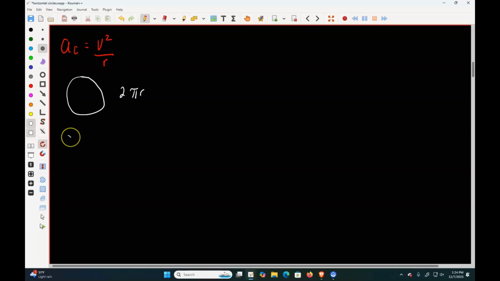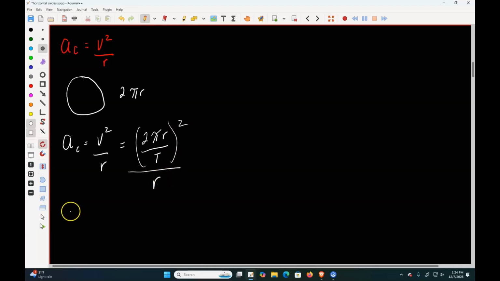So this acceleration is equal to velocity squared over r. So this is going to be 2 pi r over T. Okay, that's the time it takes to go around once. Let's square that. And all this is over r.